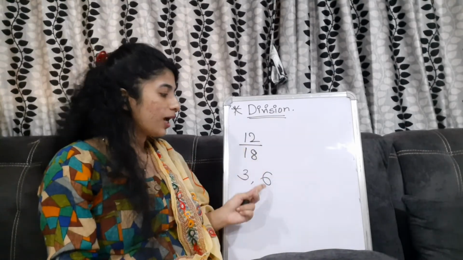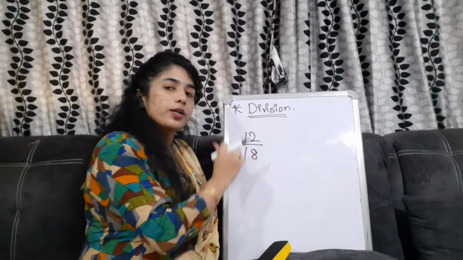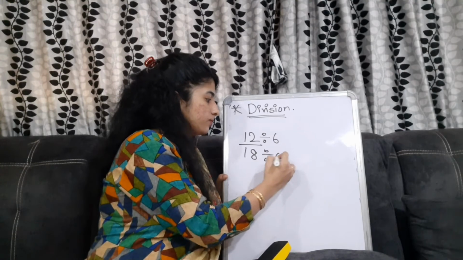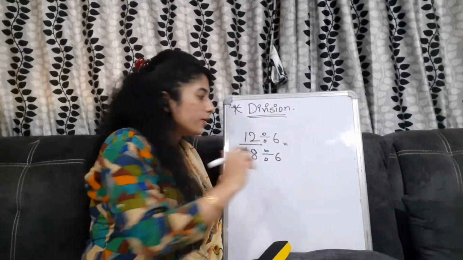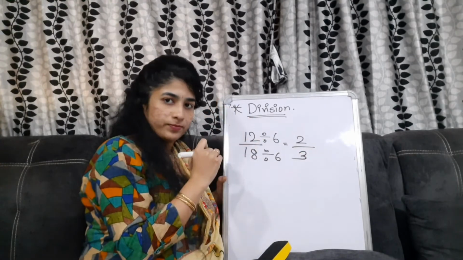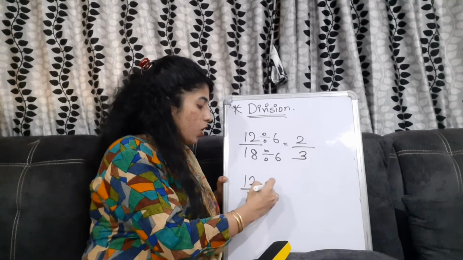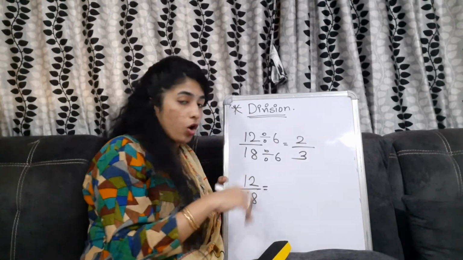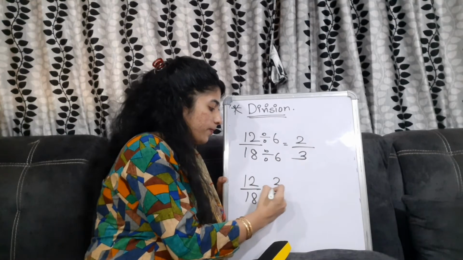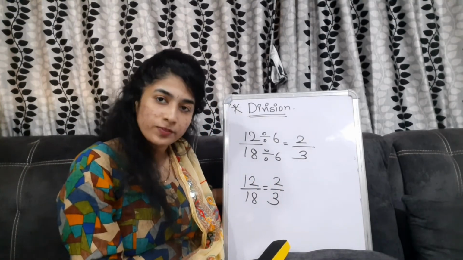So here I will go for 6. I will divide both numerator and denominator by 6. What is 12 divided by 6? 2, and this is 3. So the equivalent fraction of 12 upon 18, or the lowest form of 12 upon 18, is 2 upon 3. Understood? Right?